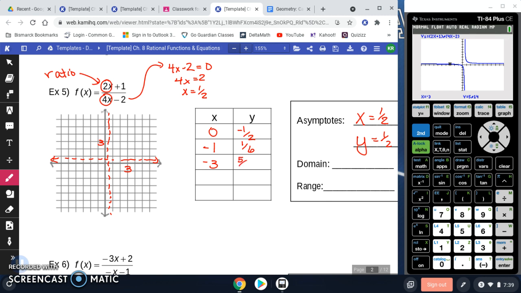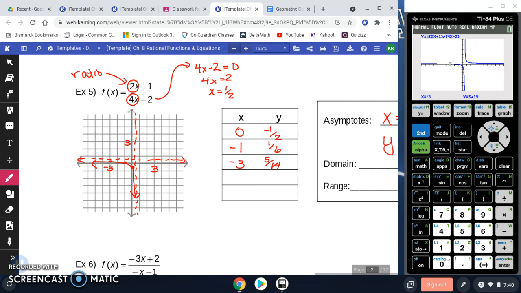So just kind of estimate. Now again, you know that your asymptote is at positive 1/2, so when you go to sketch this in, you've got to stay under that asymptote. And you can see how angular this hyperbola is, so it's really pulled in tight next to those asymptotes.